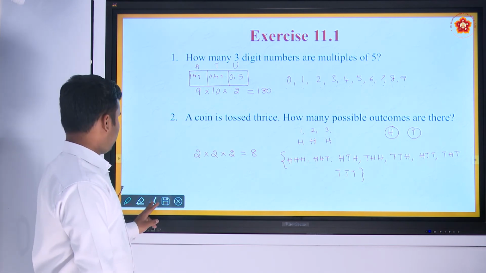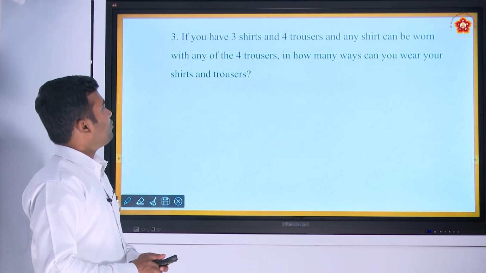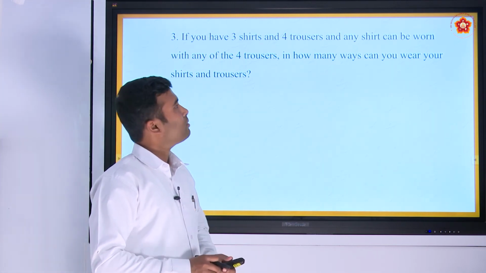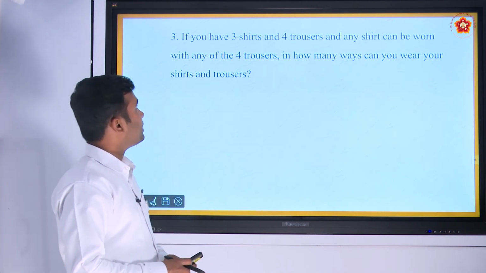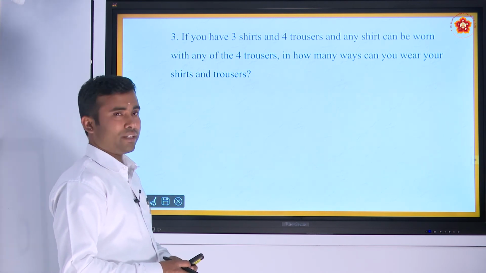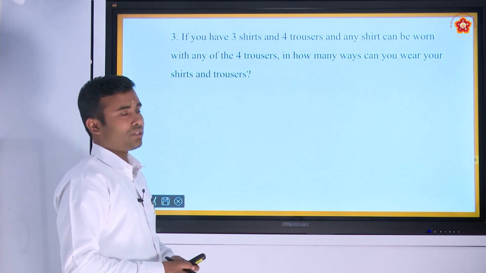Let's see one more problem. If you have 3 shirts and 4 trousers, and any shirt can be worn with any of the 4 trousers, in how many ways can you wear your shirt and trousers?